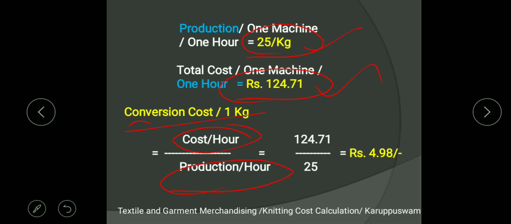So here we are spending almost 124 rupees for one machine per 1 hour divided by 25, that is production per hour per one machine. So when you divide these two values, you will get 4.98 rupees. So this is the cost that is incurred to convert 1 kg of yarn into 1 kg of knit grey fabric.